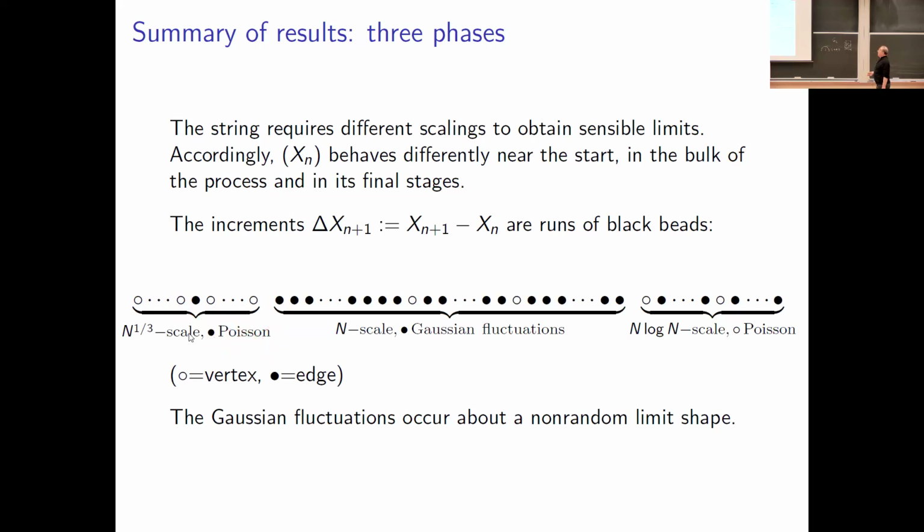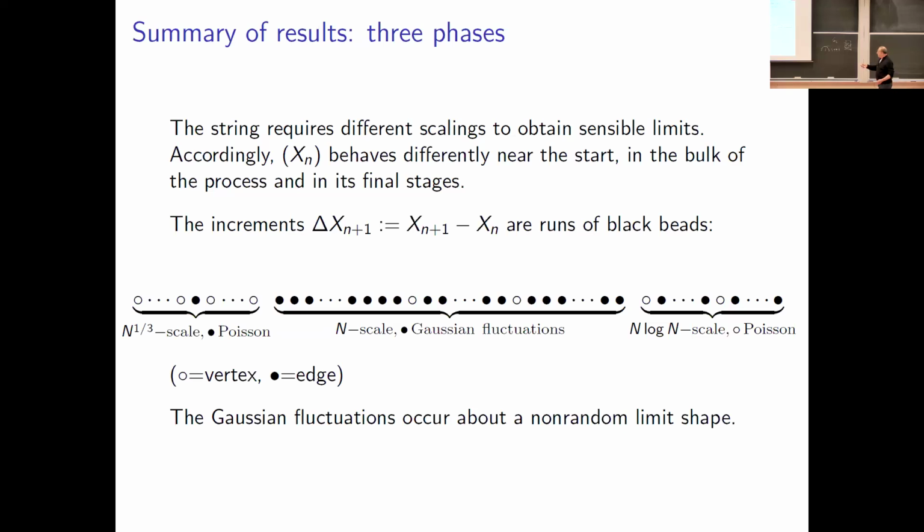Okay, then in the bulk of the process, when the number of vertices becomes of the order of the full graph, something like, say, big N divided by 2 or something like that, then the edges will appear linearly, meaning that between two vertices, you will insert some linear number, big O of n, of edges.